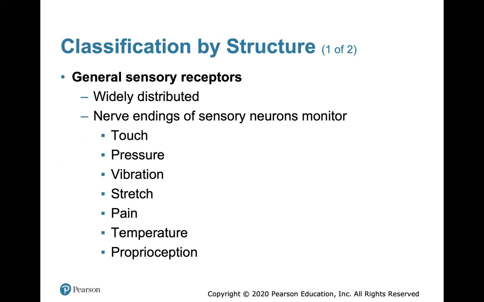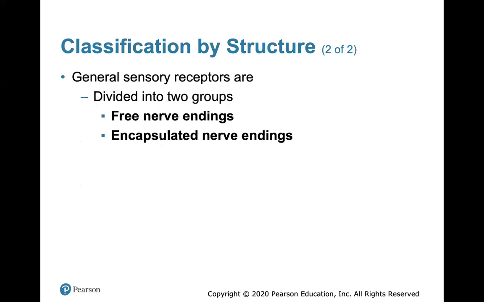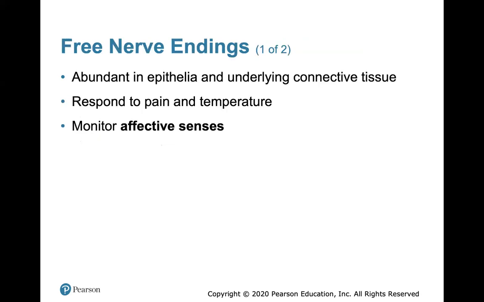So general sensory receptors are widely distributed, and the nerve endings of sensory neurons will monitor touch, pressure, stretch, pain, temperature. General sensory receptors are divided into two groups: those that are free nerve endings or encapsulated or enclosed nerve endings. Free nerve endings monitor affective senses like pain and temperature.